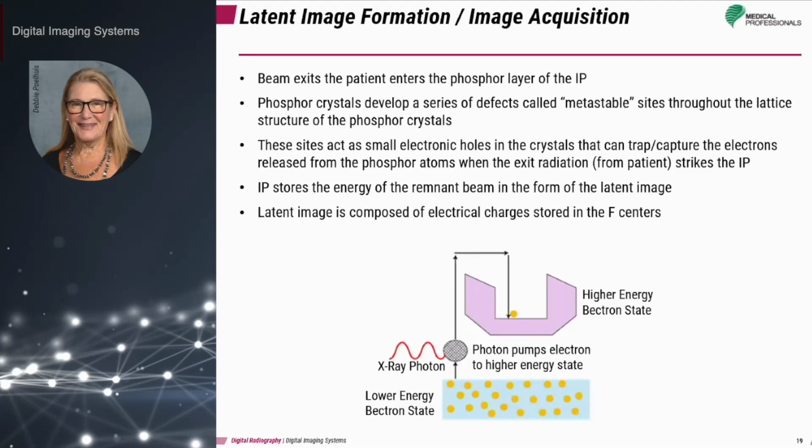The phosphor crystals develop defects called metastable sites, or F centers, or color centers. These F centers are small electronic holes that trap or capture the electrons that are released from the phosphor atom. The latent image is formed by these electron holes, or F centers.